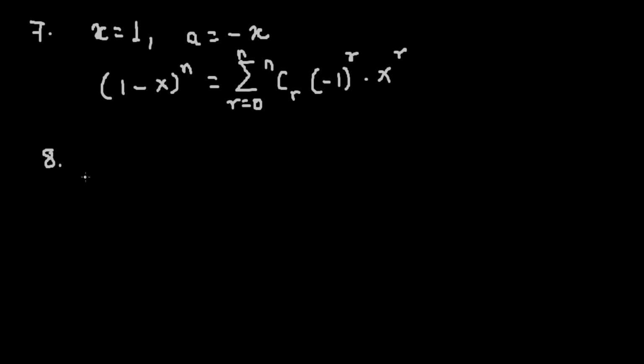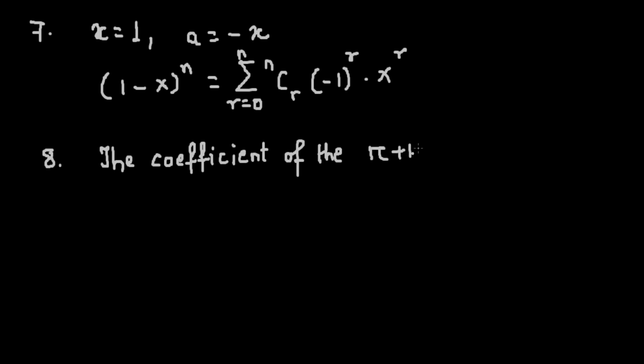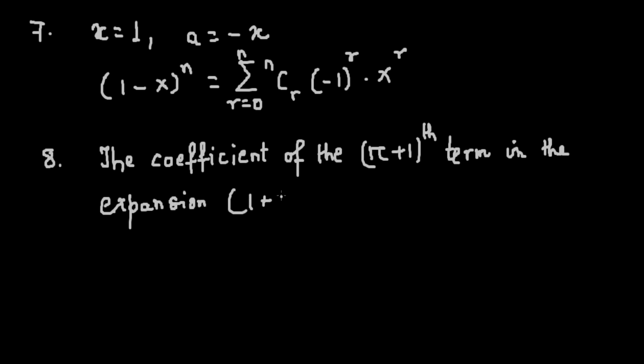Conclusion number 8 says that the coefficient of the r plus 1th term in the expansion of 1 plus x raised to the power of n is nCr. This is a very important one. That's it.